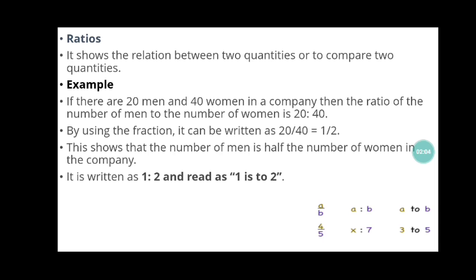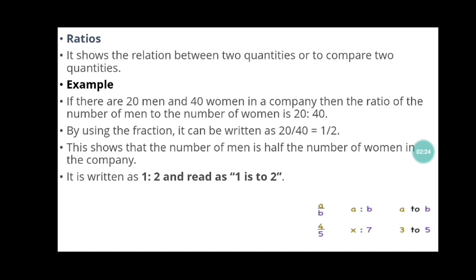And sometimes I see that many people make mistakes while saying the answer. When the teacher asks any question about ratio, the answer we give is correct, but the way of speaking is wrong.